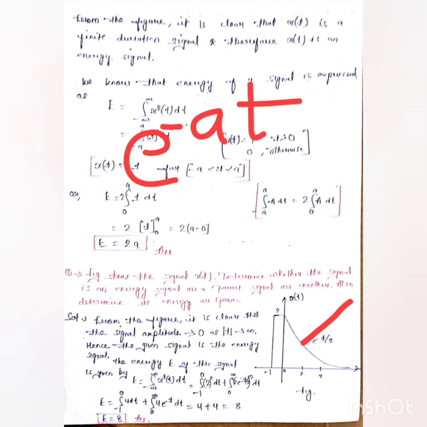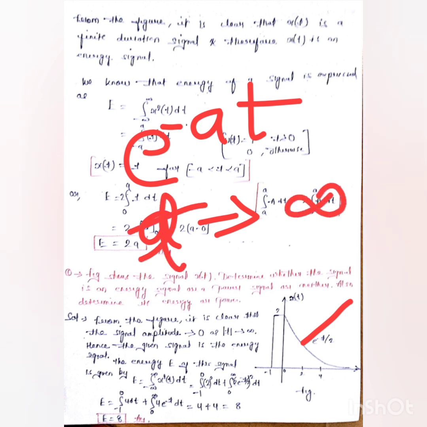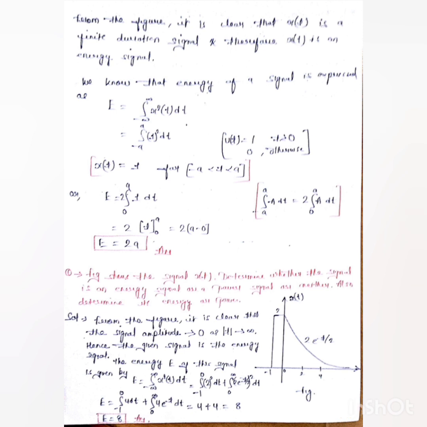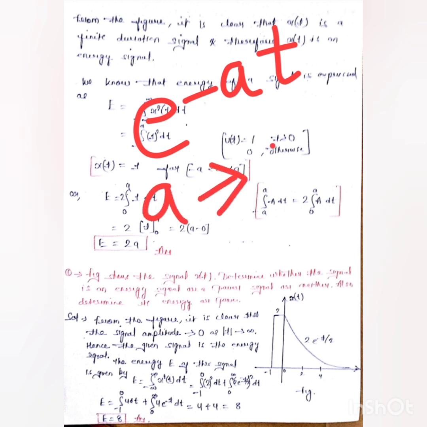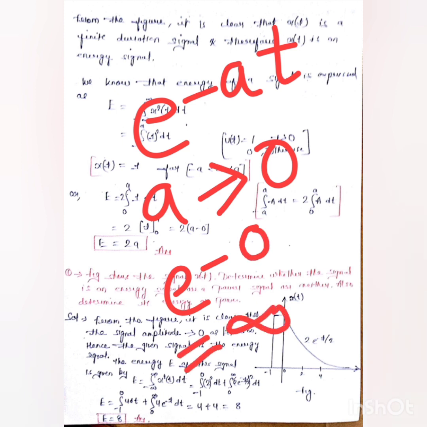If t tends to infinity, we have the expression e raised to the power minus at. If a tends to 0, then e raised to the power minus 0 is a finite value.